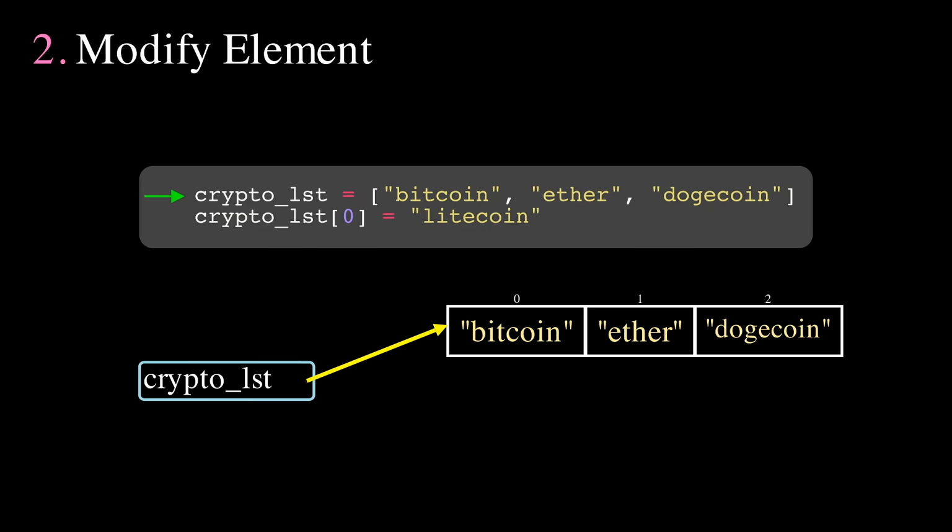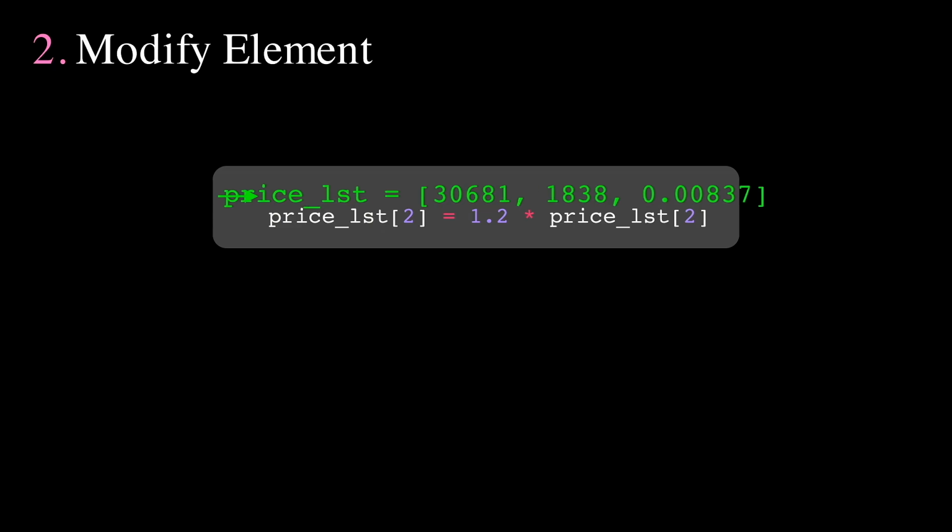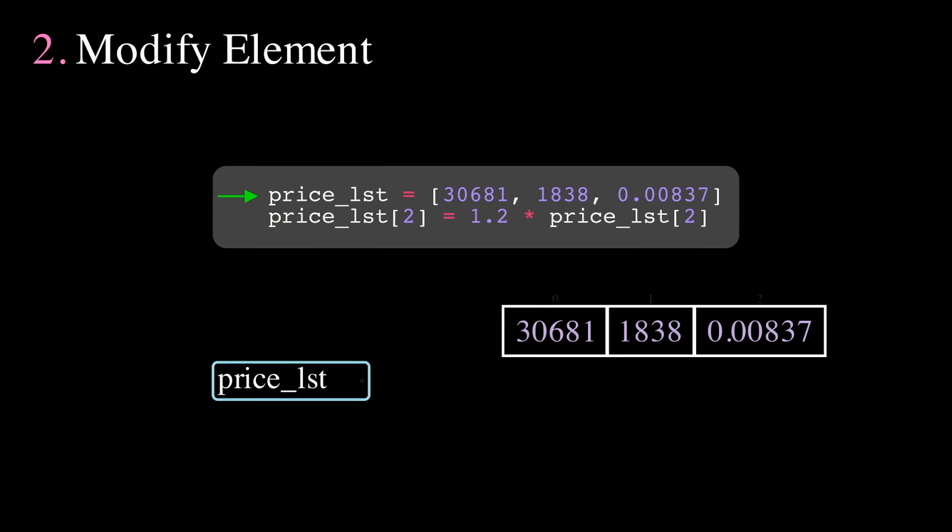I just write crypto list index 0 equal the string Litecoin. A variable can update from its existing value. So can an element inside a Python list. This code here updates the third element, which is index 2, by multiplying 1.2 with its existing value.